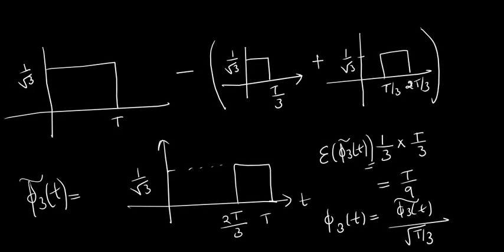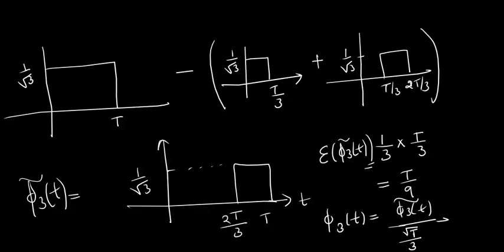So square root of energy means square root of t by 3. Yes, you can say phi 4, but then it will become confusing. It might confuse you. So this is the third basis. You can call it the third basis.